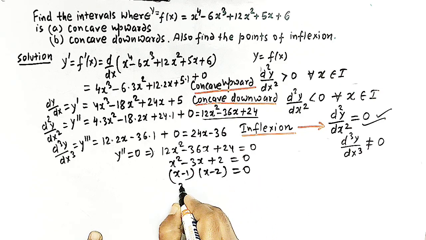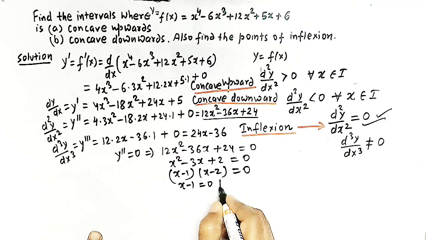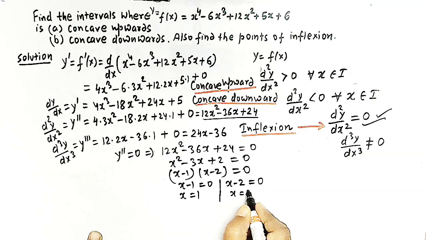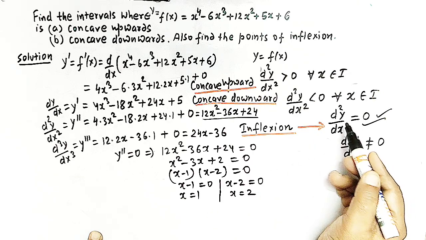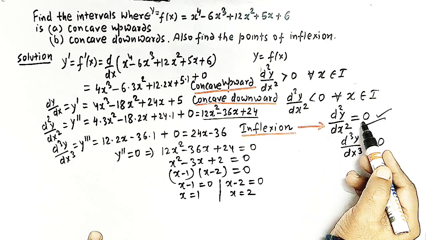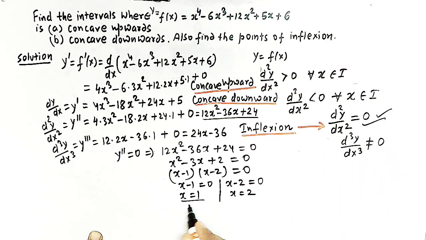So from here x minus 1 is equal to 0, x minus 2 is equal to 0. So we have x is equal to 1 and x is equal to 2, right? So solving the equation d2y over dx2 is equal to 0, we have obtained two roots, right?